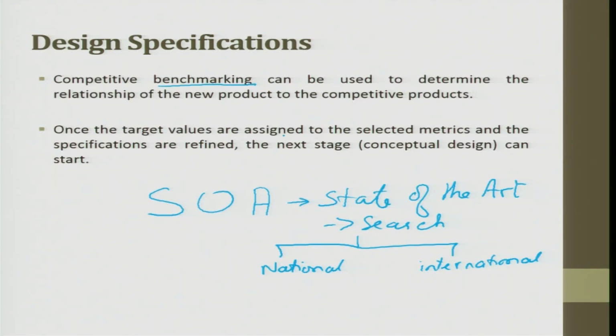Once the target values are assigned to the selected metrics and specifications are refined, the next stage, conceptual design, can be started. So, this is a block diagram which talks about design specification.